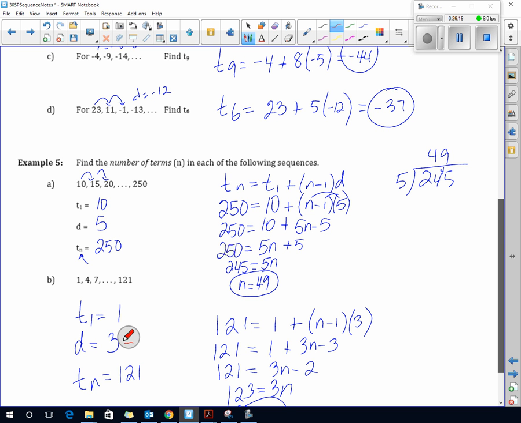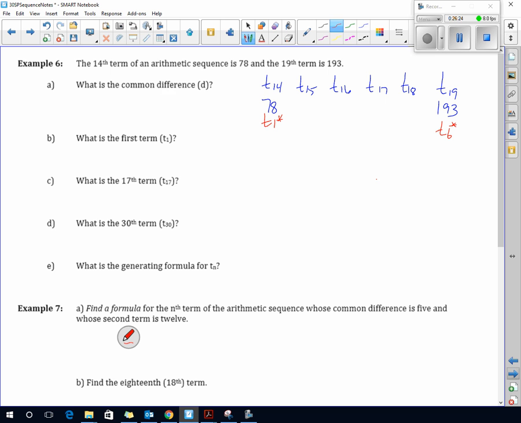So I'll just write out the formula first. Term n equals term 1 plus n minus 1 times d. So term 6 is 193. Term 1 is 78. Plus, the reason why Dylan said it was 5 is because 6 minus 1 is 5, do you see? And we don't know what d is.